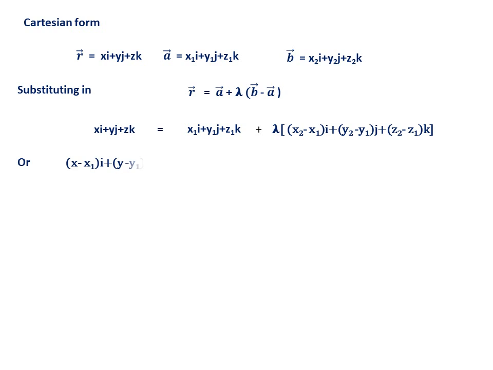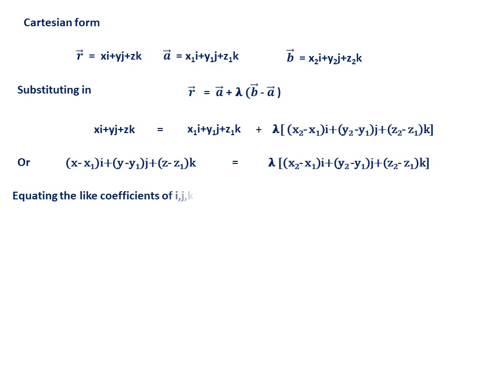So then as before you can simplify like this: take the vector x1i plus y1j plus z1k to the left side and simplify. That will give you (x minus x1)i, (y minus y1)j, (z minus z1)k, and that is equal to the right side, lambda times (x2 minus x1)i plus (y2 minus y1)j plus (z2 minus z1)k.